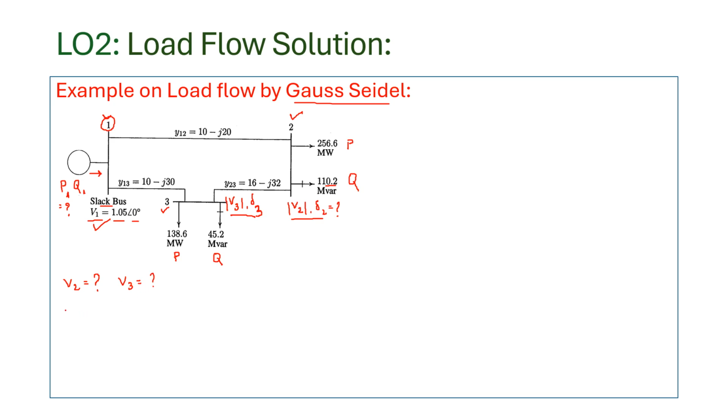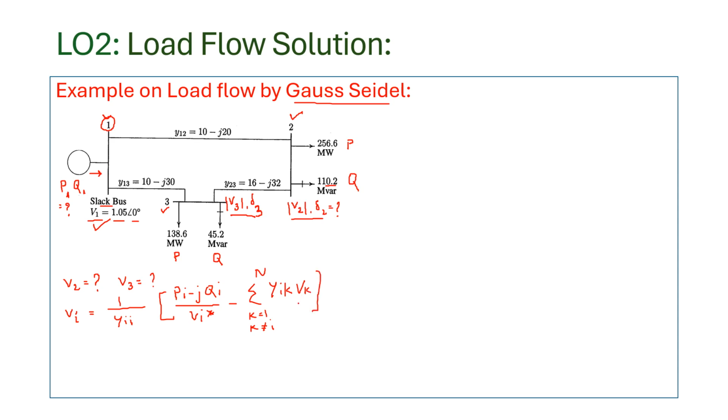Now what is the voltage equation? Already in the previous slide we have derived the equation for voltage: Vi equal to 1 divided by Yii, in bracket, Pi minus jQi divided by Vi conjugate, minus summation k equal to 1 and k not equal to i up to n, Yik into Vk.